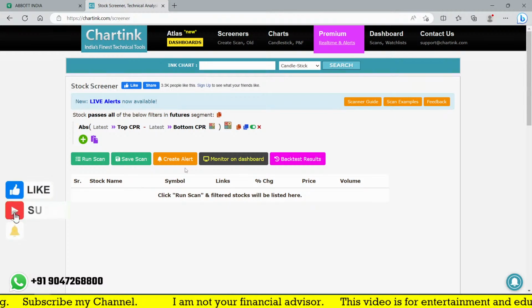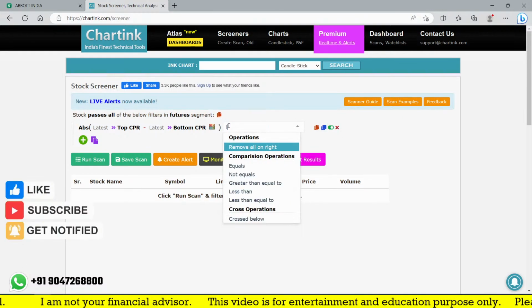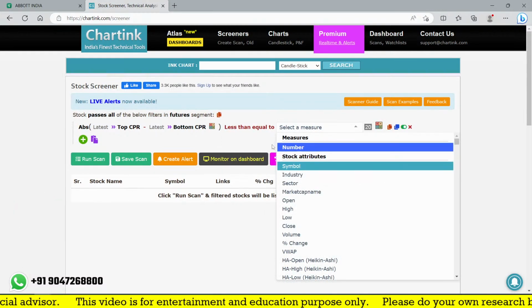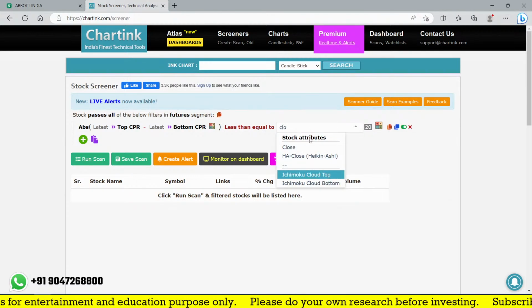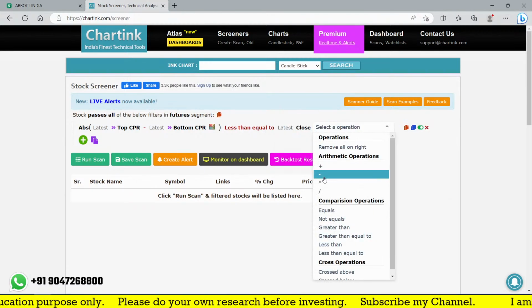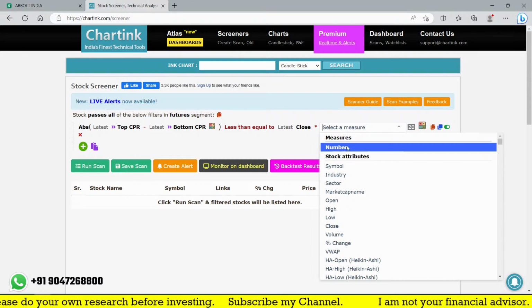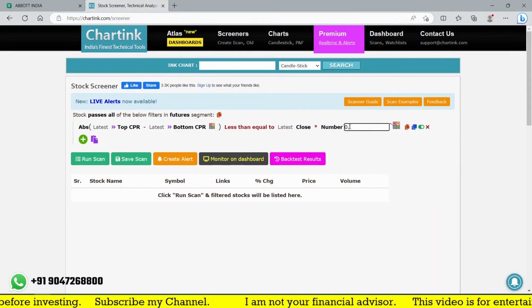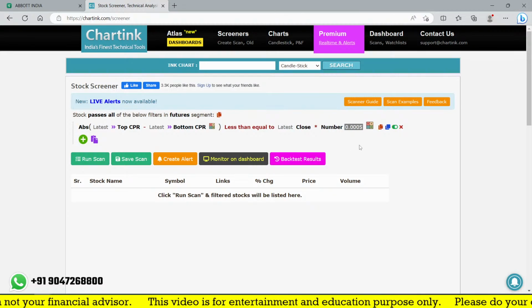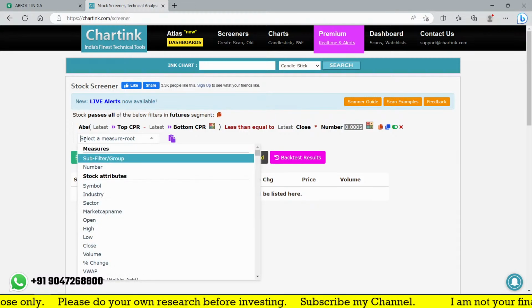I'm just subtracting the bottom CPR from the top CPR, and it must be less than or equal to the close price multiplied by 0.005. If I am going to talk about very narrow, this is the value I am going to use to make the narrow CPR, and then another pivot point, then maybe a top CPR.